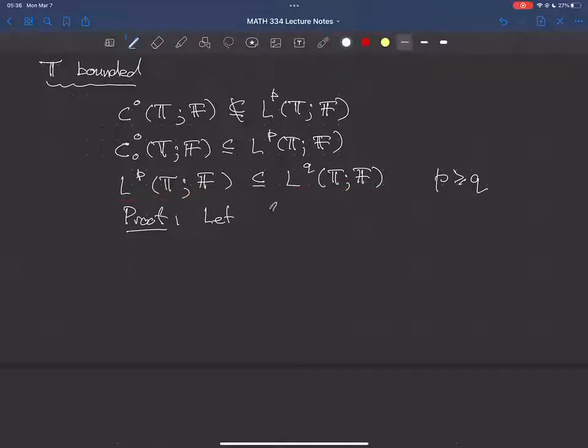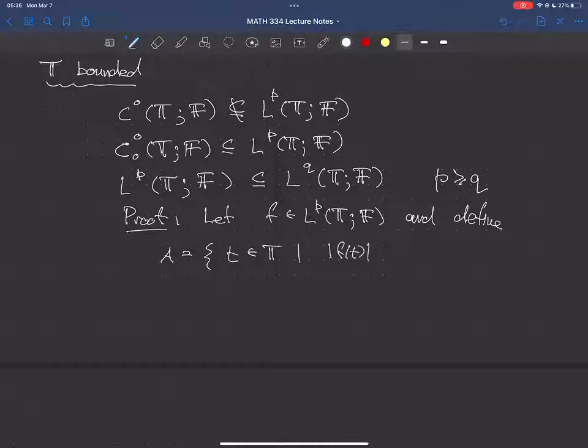So let F be in LP, and define A to be the set of T's in the bounded time domain T so that the absolute value of F of T is greater than or equal to 1. Now I need to show that F is in LQ.